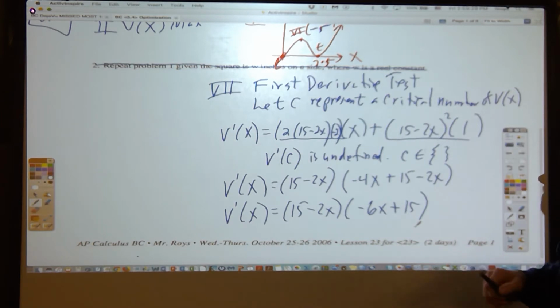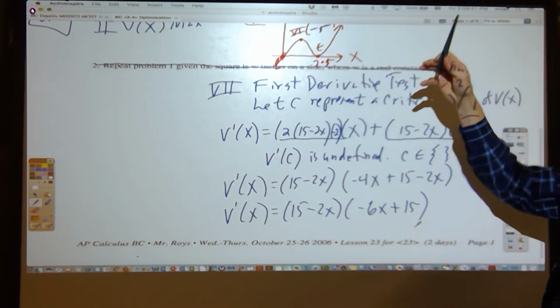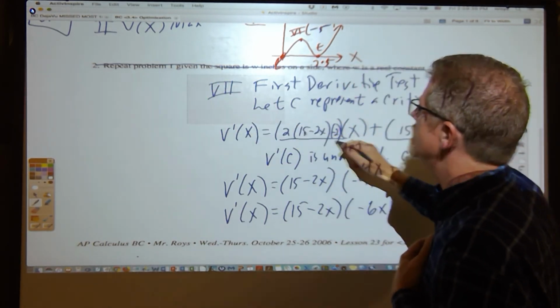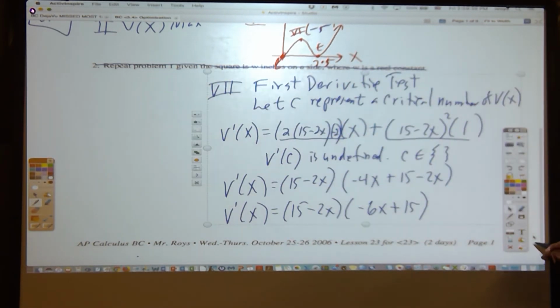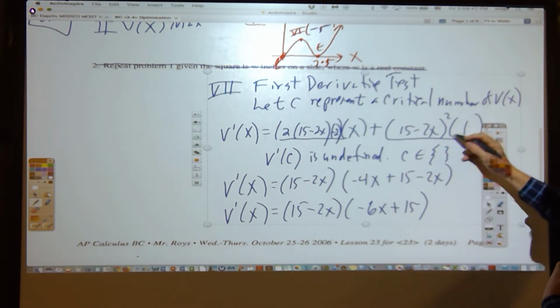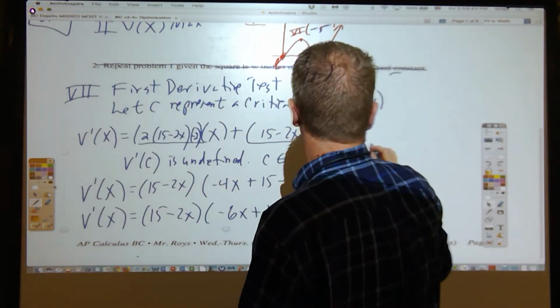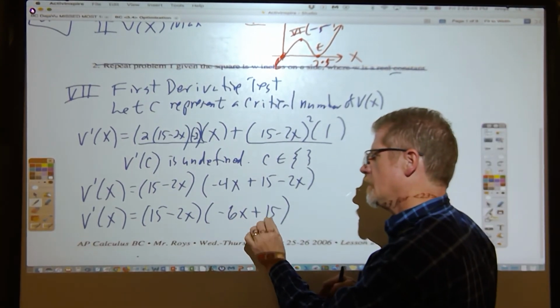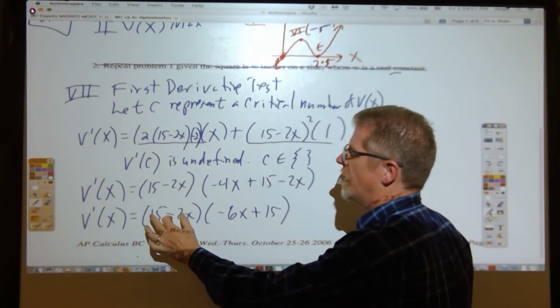So critical numbers are where the first derivative is undefined or where the first derivative is equal to 0. And because it's in factored form, oh happy day, we see that the critical numbers are at the zeros, at 15 over 6, that's 2.5, and 7.5.